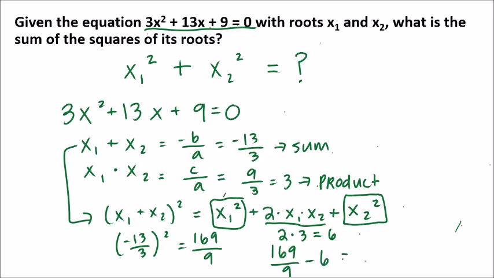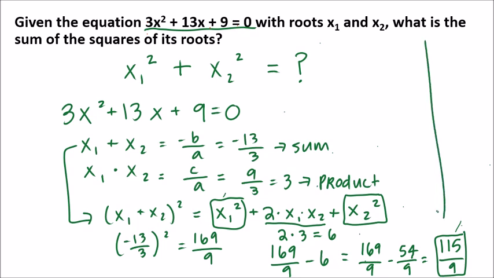And that is equal to 169 over 9 minus 54 over 9, because we want to have it in a nice little fraction together. So that's just 115 over 9. And that's our answer. That right here, that's the sum of the squares of the roots.